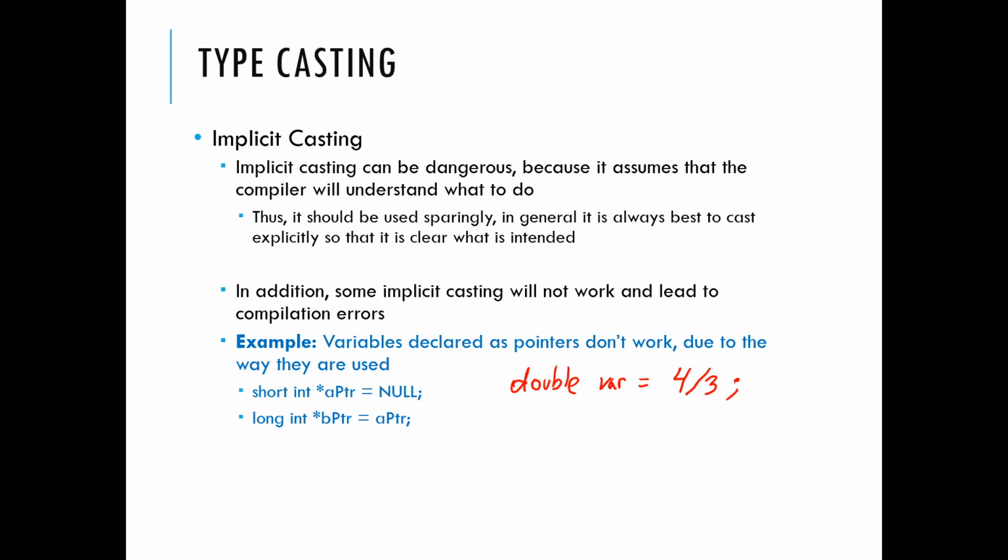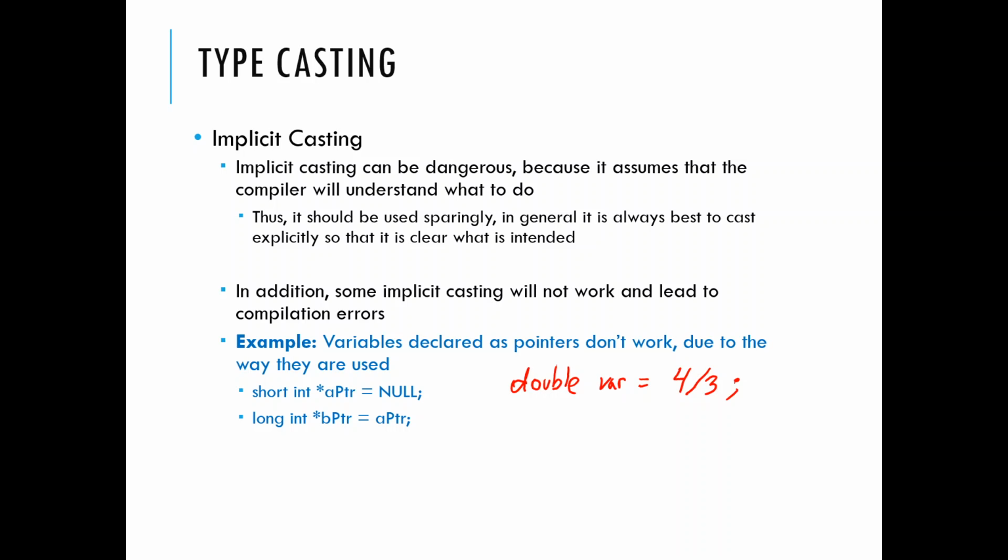I'm going to assert that what the compiler is actually going to do in this particular case is 4 divided by 3, giving me a 1 with a remainder 1. But I'm just going to get the value 1, and then I'm going to put 1.0 into var. I'm not going to put in 1 and a third into var.